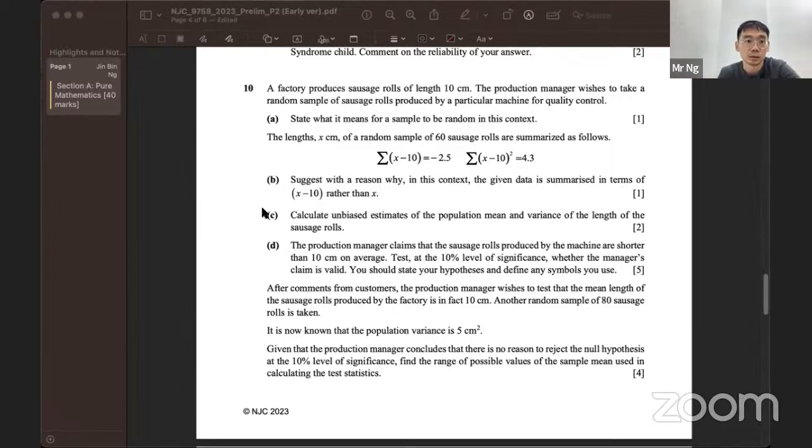Okay, for a sample to be random, what does it mean? Every sausage sample has an equal probability of being selected.